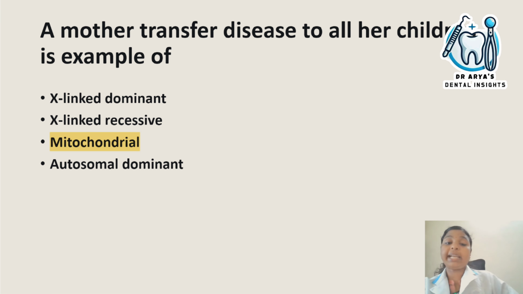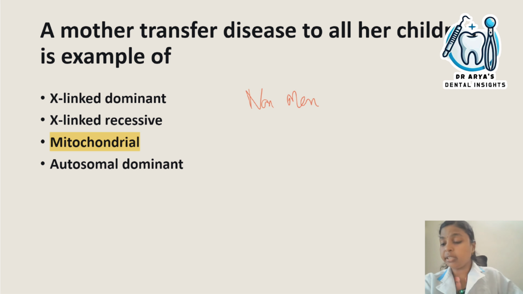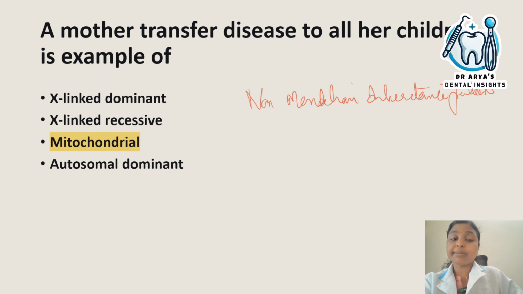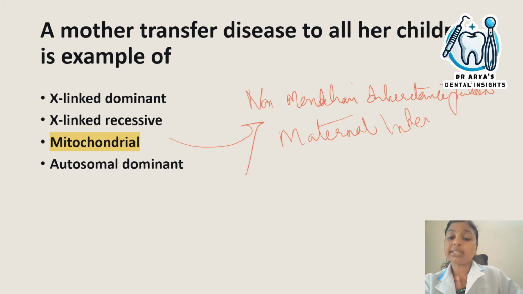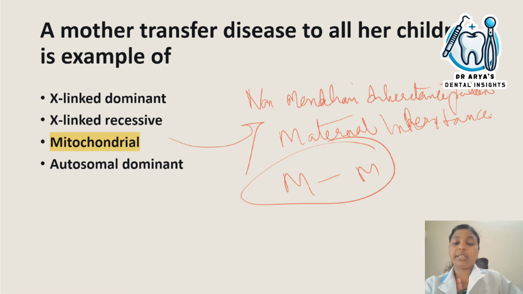It is an example of non-Mendelian inheritance pattern, and these are transmitted by maternal inheritance. Mitochondrial DNA is transmitted by maternal inheritance. So M for M, mitochondrial maternal inheritance.